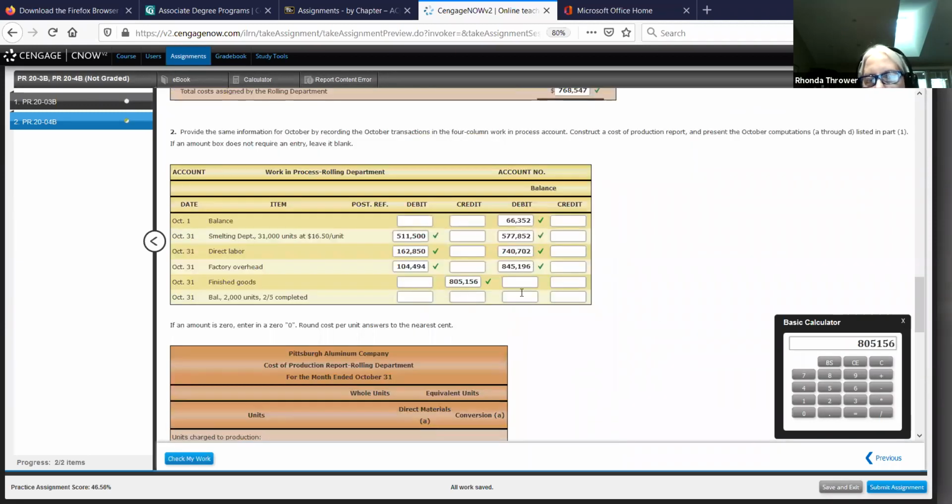And now you can find the ending inventory by subtracting this 805,156 from the 845,196. 845,196 minus 805,156 leaves you with the ending inventory of 40,040.